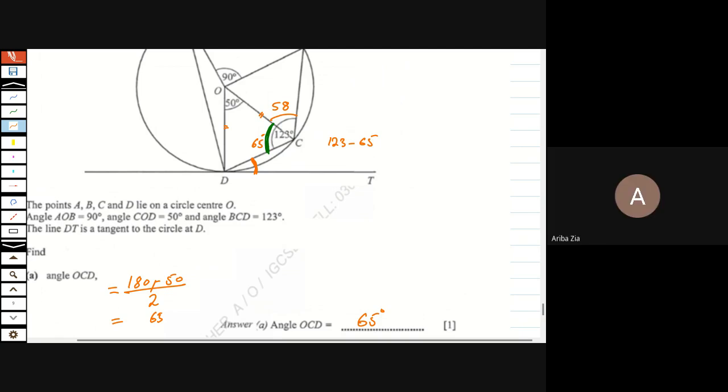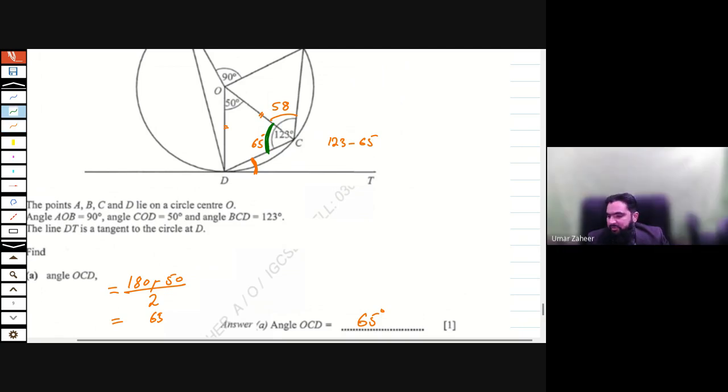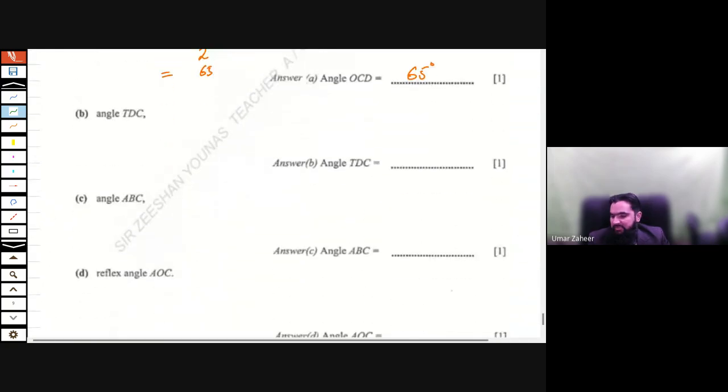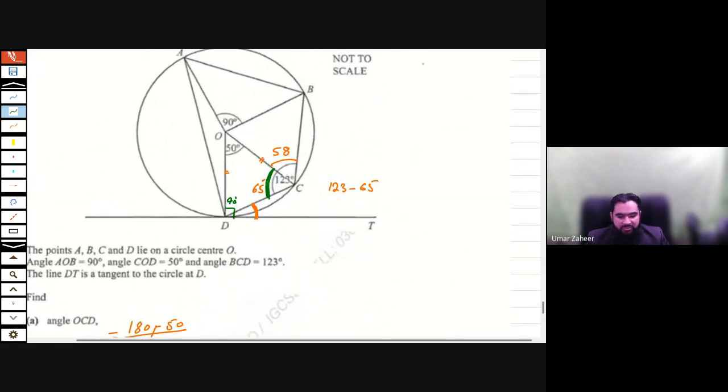Sir, we can do 90 minus 65. Yes, so it is 90 degrees. So 90 minus 65, that will be 25 degrees, right?